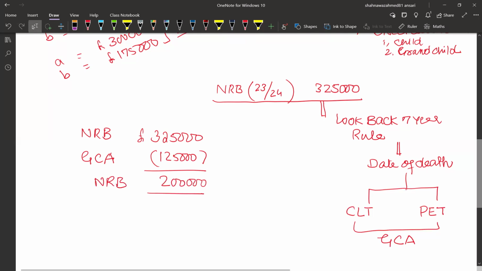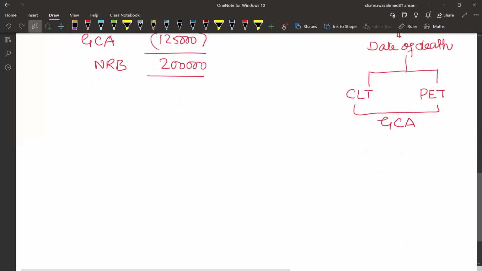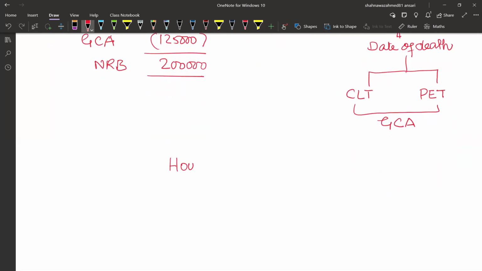Another thing to consider is that whenever a value is given in the death estate for the house, it should be taken net of mortgage. Typically, there are three types of mortgage that might be given.